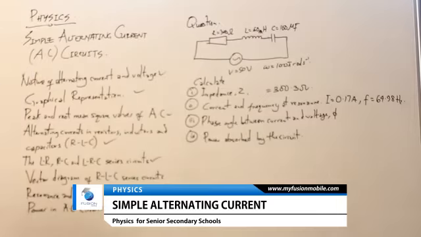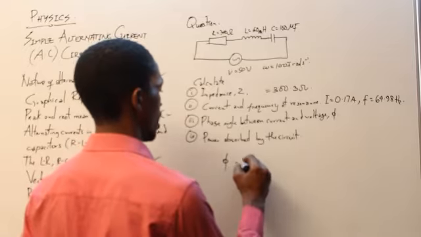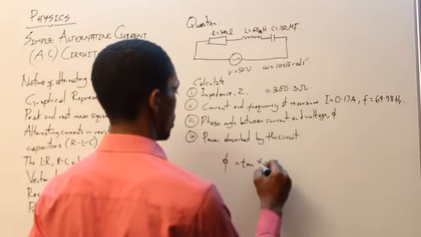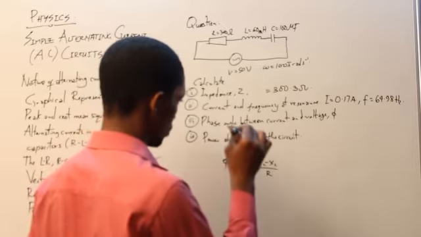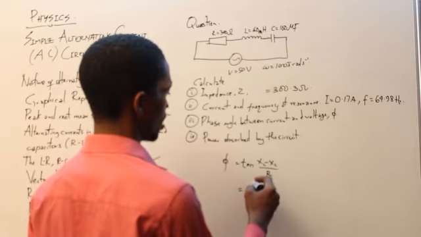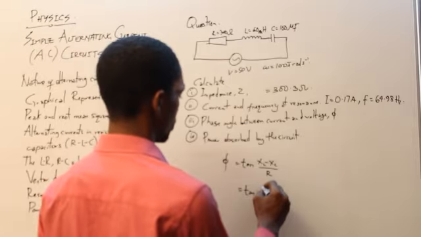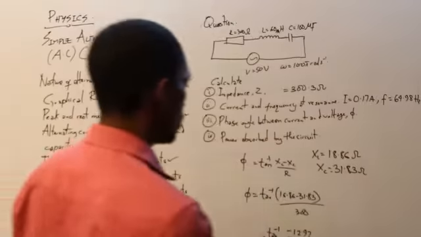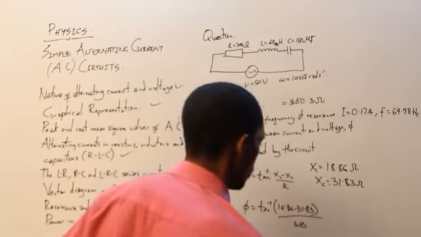So we have to calculate the phase angle between current and voltage. The formula for the phase angle equals arctan of XL minus XC divided by R. When we use our calculator to calculate this, we get the expression to be minus 2.48.